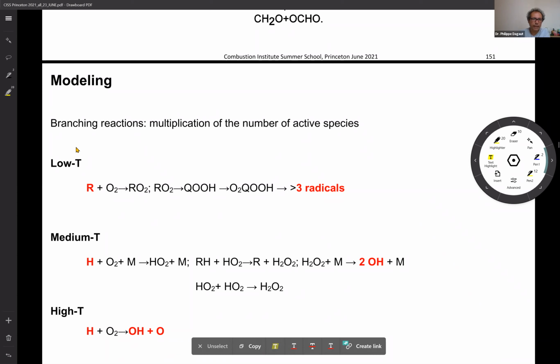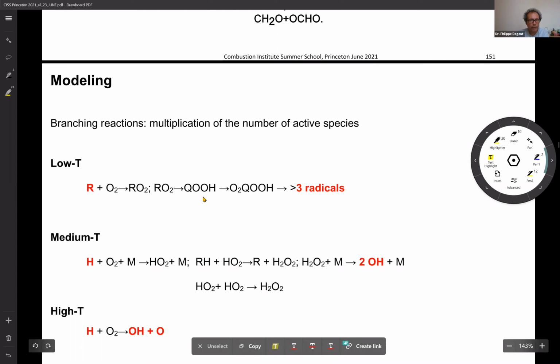We've seen that at low temperature, it goes through the formation of a peroxy radical that can isomerize and form this species here after a second addition of O2. And then we can have decomposition and formation of OH radicals.